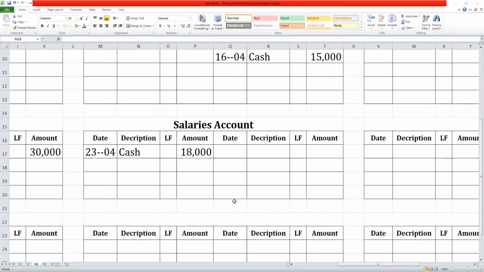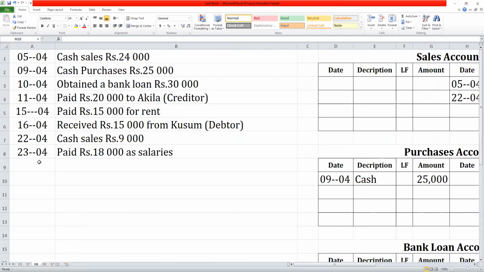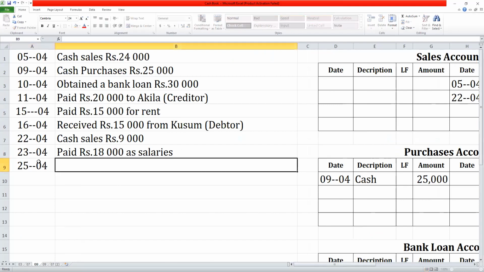The next transaction is 25th April. Prabhat, debtor, 16,000, cash book is debited. Describe the transaction. The date is 25th of April. Received rupees 16,000 from a debtor.